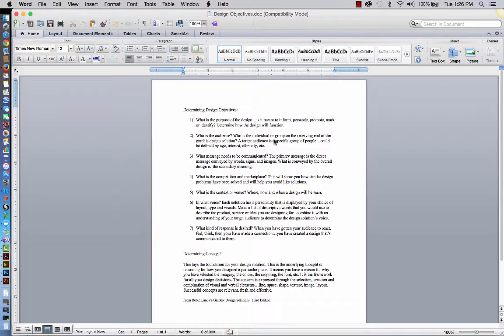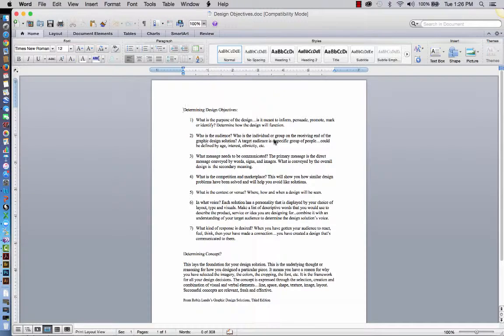I could be designing for a group of bankers to encourage them to invest in a particular fund, but my concept might be to make the design look like a Herb Lubalin design, which is something you guys are working on or have just finished.